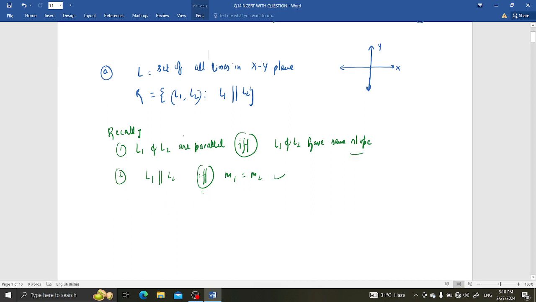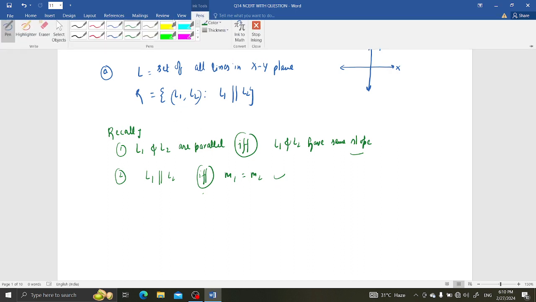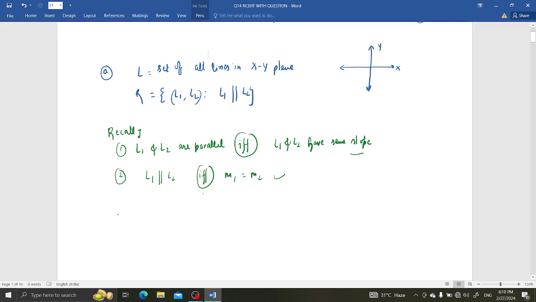Now, as we need to prove an equivalence relation, we need to prove reflexive, symmetric and transitive. For reflexive, let small l belonging to capital L be any line.